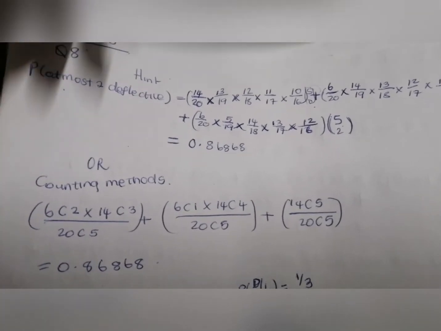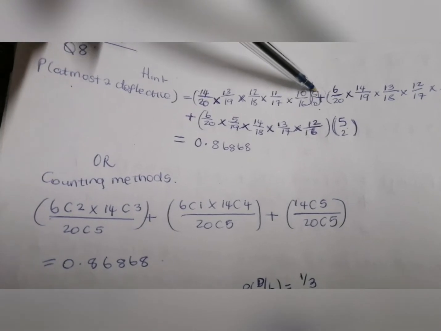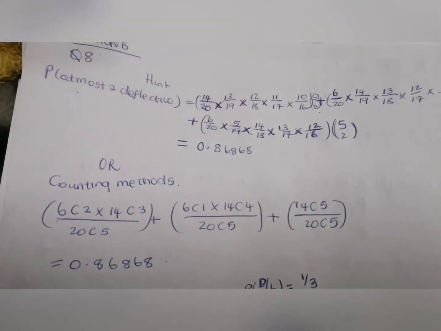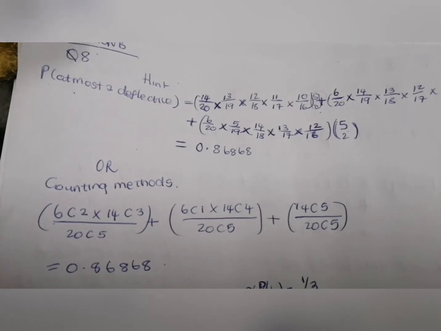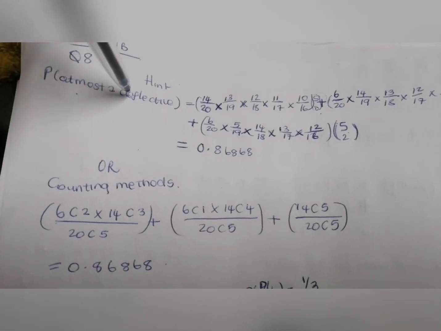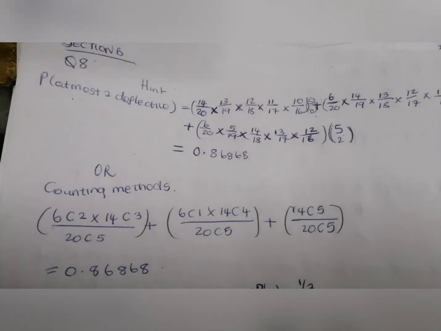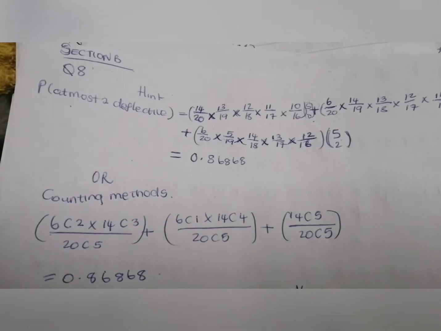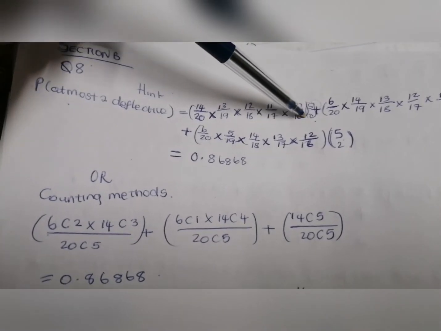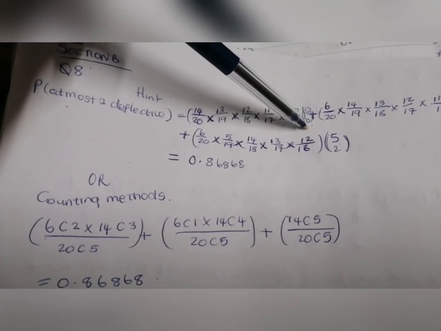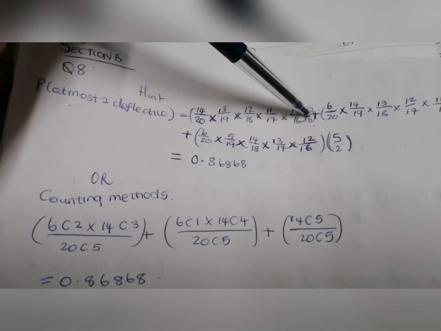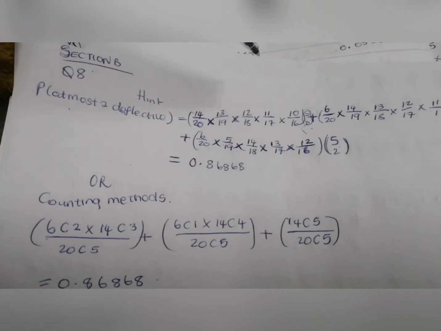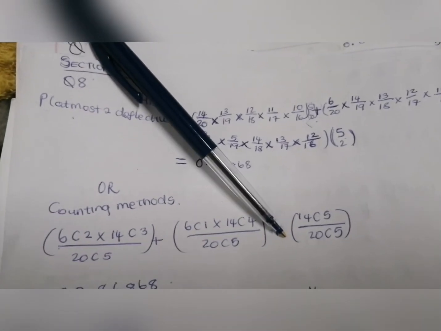We know that Nehemiah will randomly select 5 nails, and now we want to determine the probability that at most 2 are defective. So we know that here we have 0 nails that are defective, and here are just the probabilities.